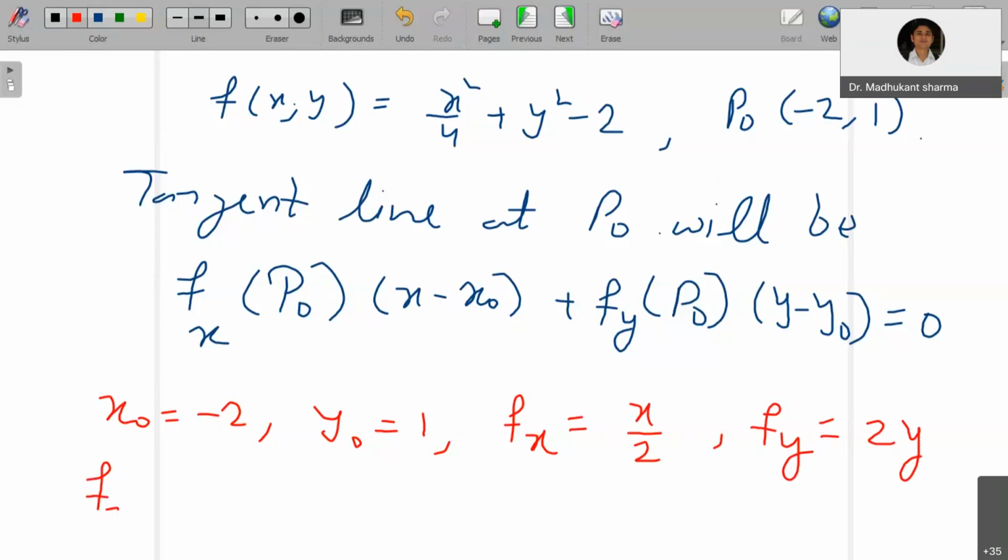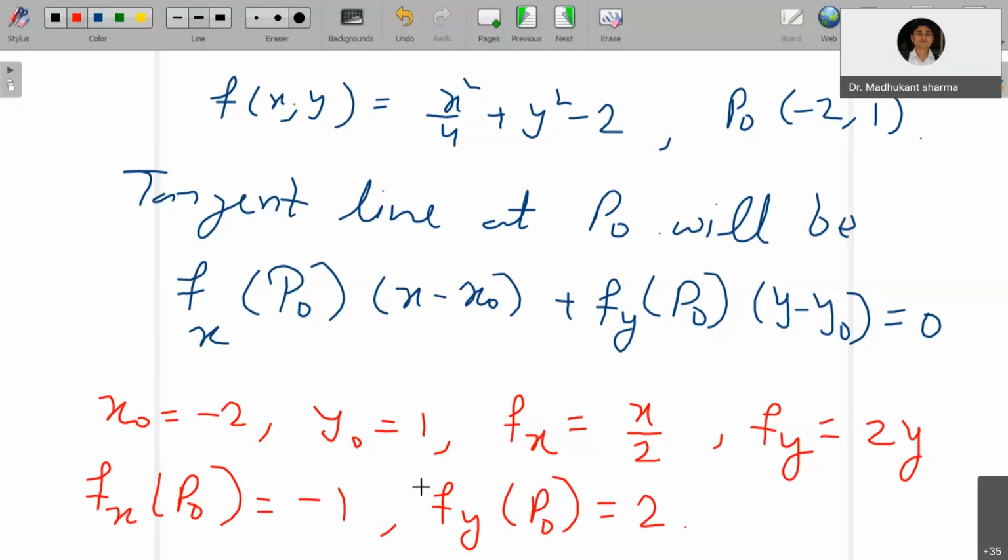So fx at p naught, with x equals minus 2 and y equals 1, is going to be minus 1, and fy at p naught is equal to 2. So you have all the information now.